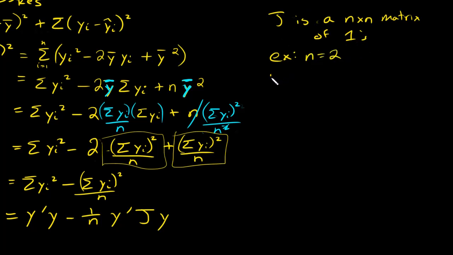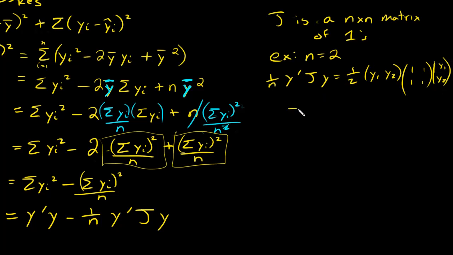Then 1 over n y transpose J y would be 1 over 2, times y transpose, which is y1 and y2, times J, which is 1, 1, 1, 1, times y, which is y1, y2.